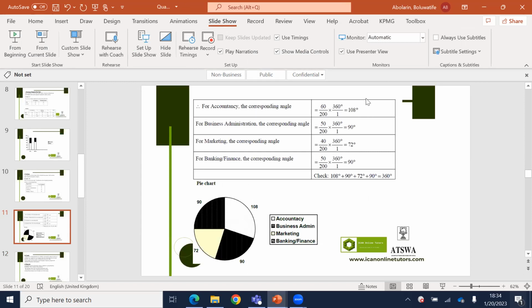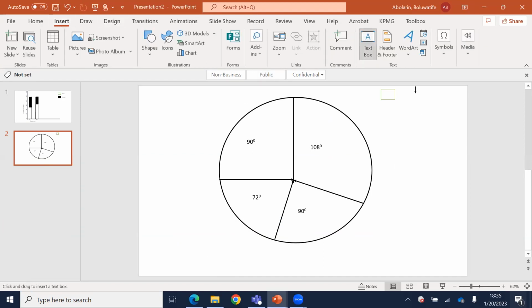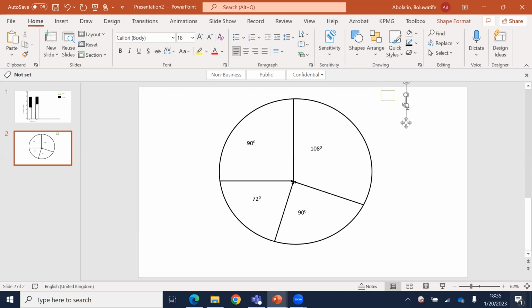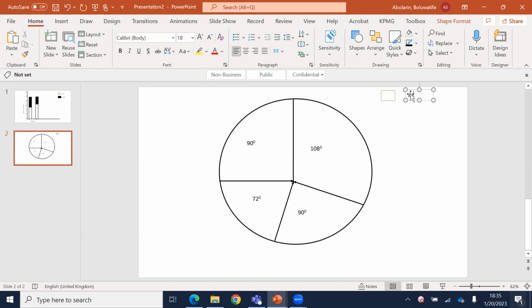Let's leave it for accountancy. Let's leave the one that is blank for accountancy. So let's color another one.